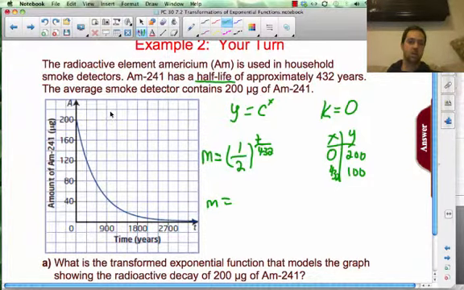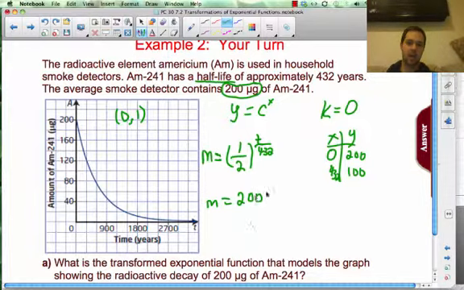Now, we can see that this is not just the regular y-intercept that we usually have. Any regular y equals c to the x graph would have a y-intercept of 0 and 1. And this one has a y-intercept of 0 and 200. So you can see that that 1 has become a 200 instead. So we have a multiplicative factor of 200. This makes sense because we're not starting with 1 microgram of americium, we're starting with 200 micrograms.